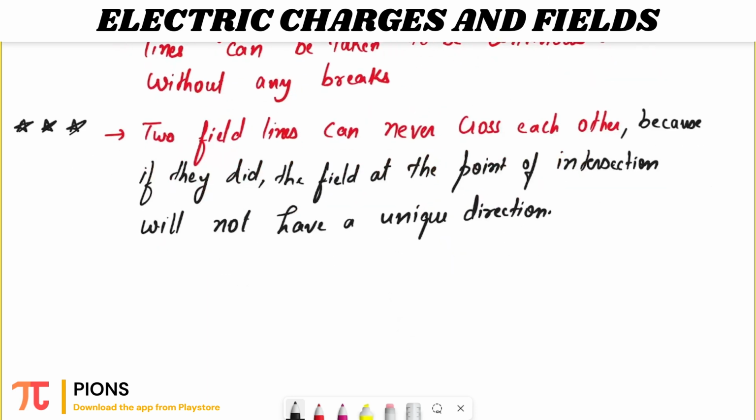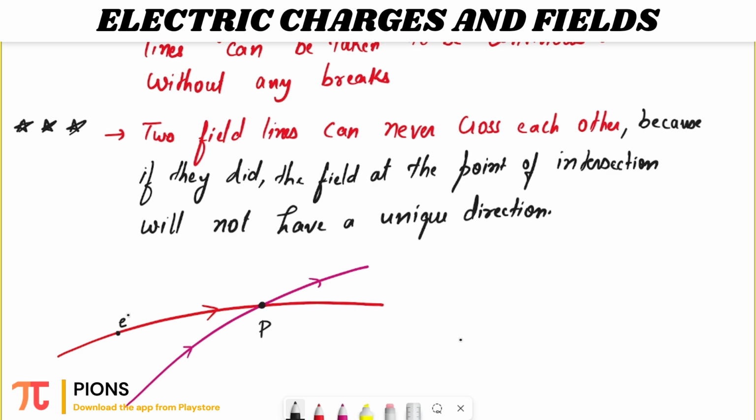What does it mean? Let's say there was a field line coming from a positive or a negative charge, going outward like this. Another field line, the second one, is going like this. Now I am assuming these two cross each other, at any point P. Now if I release a charge at this point.